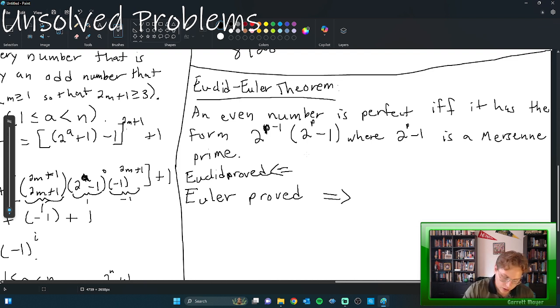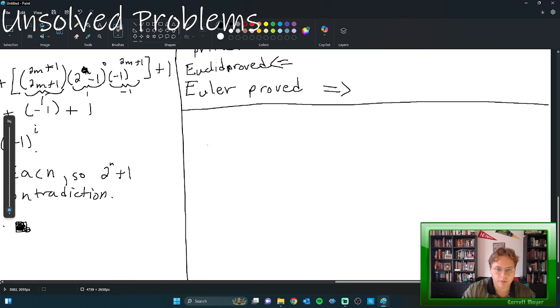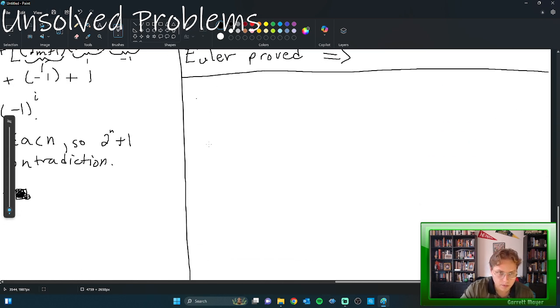And you can see this if we just go ahead and list the first 5 perfect numbers and first 5 Mersenne primes. So let's just write out this table. 1, 2, 3, 4, 5. And then we'll do the prime numbers that we're going to use here.